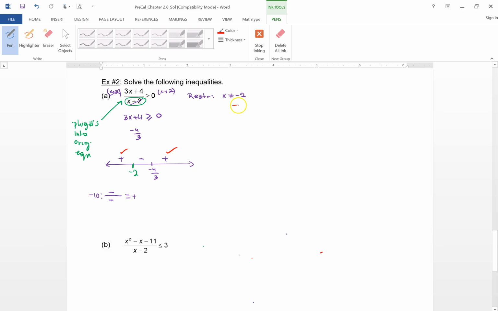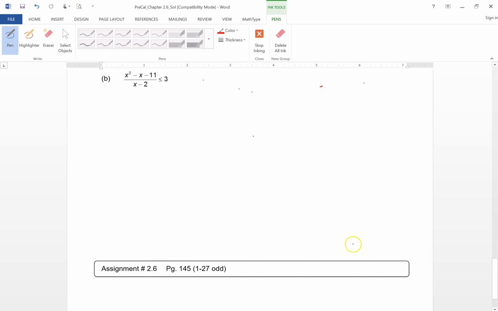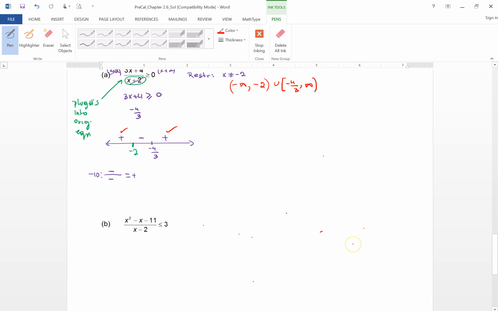So here, it's -infinity to -2, open bracket, because the denominator can't be 0, so you can't have -2. Union, in closed bracket, -4/3 to infinity. All right?